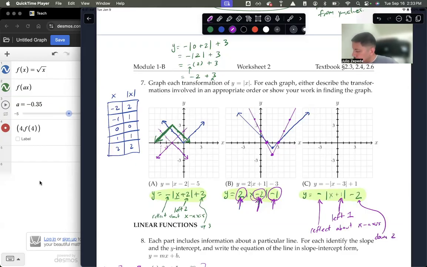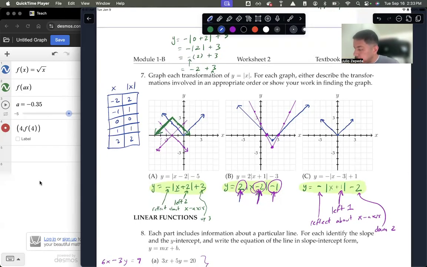Okay, so my parent function looks like this. Left 1. Okay, where's left one? I'll just put the dots, but I won't graph just yet.